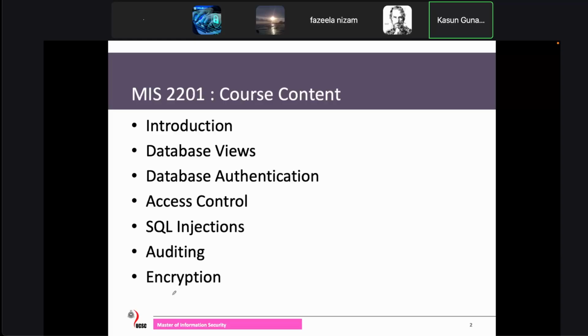Database views as a security tool, and then we will be looking at database authentication and access control and SQL injections, also auditing and encryption if possible. And we will be specifically looking at cloud security implications in the context of cloud databases, as well as NoSQL databases. So those are the things that we would follow throughout this course.